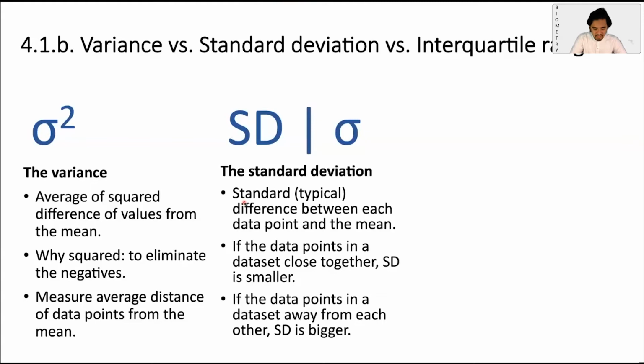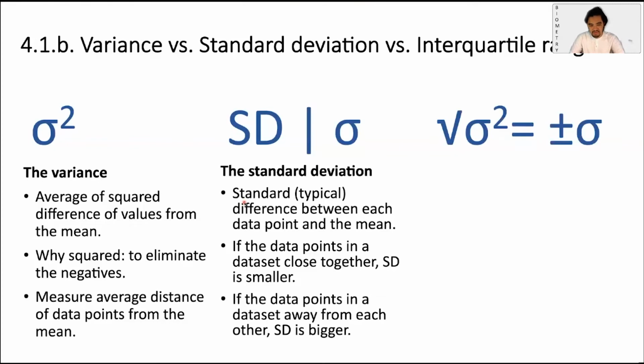So if the data points are close together, then the standard deviation is going to be smaller. If you have data points that are away from each other, then your standard deviation is going to be bigger.